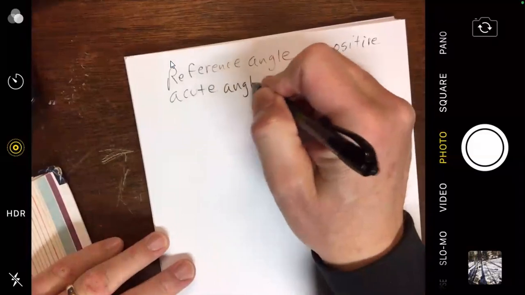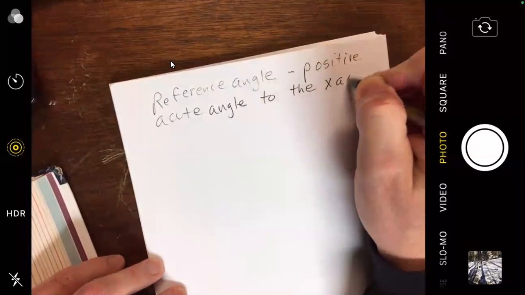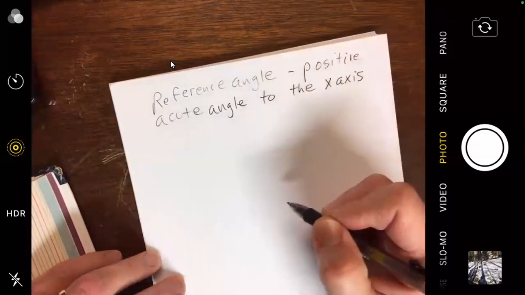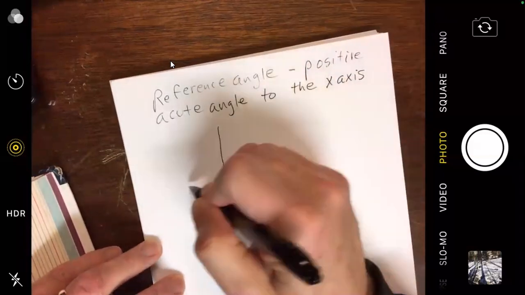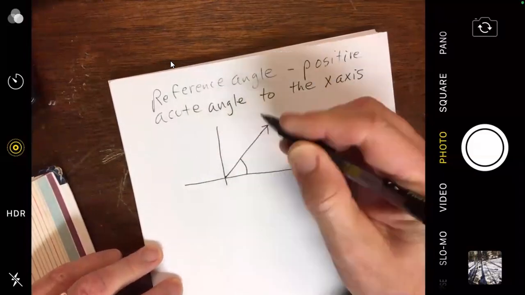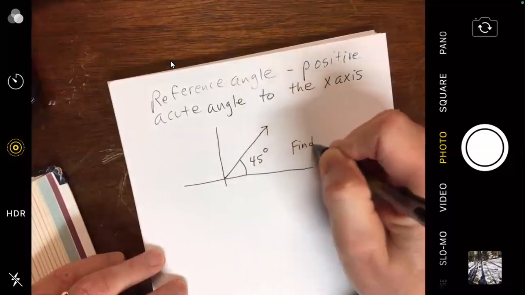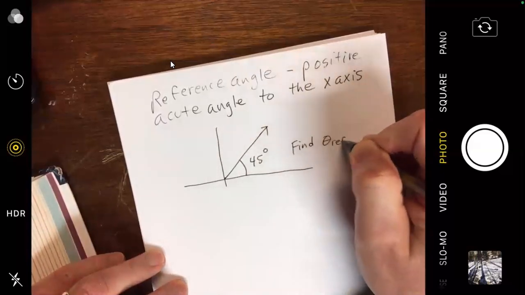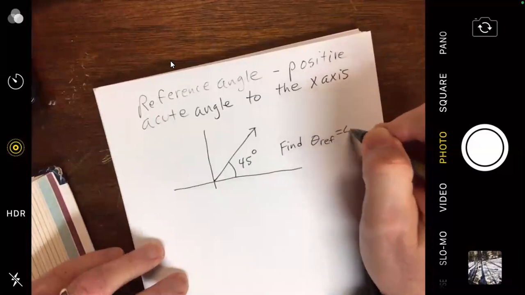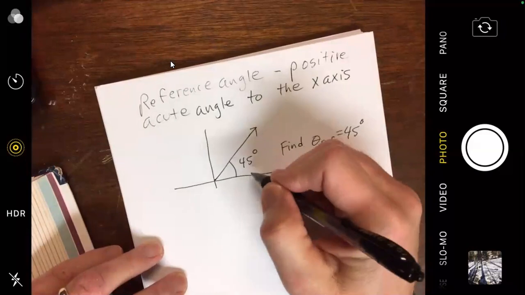So quadrant 1 is its own. If I call this 45 degrees and I say find theta ref, well, that's easy. 45 degrees. It's its own reference.